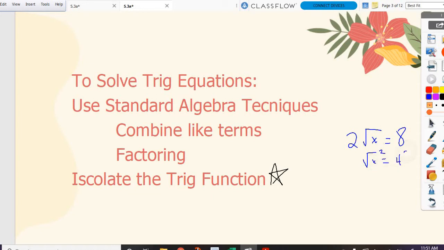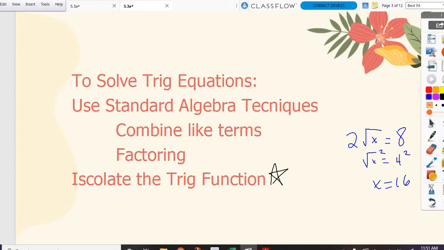And then we're allowed to square both sides. So we need to do the same thing with our trig functions. My trig function has to be isolated or by itself before we can attempt to solve it. Questions on that?